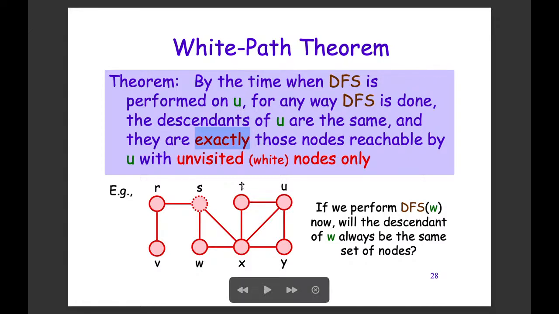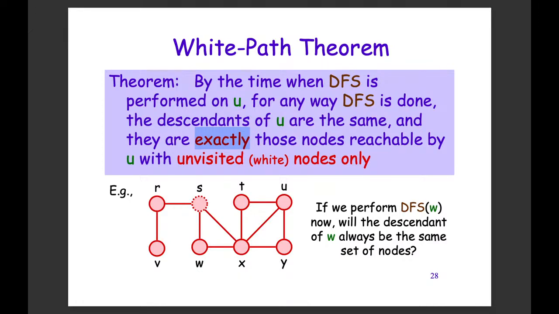First of all, if two nodes are connected by a white path, for instance S can reach U using a white path, then we claim that by running DFS on S, we must be visiting U before we finish S. That means U will be a descendant of S. We can prove this by contradiction.